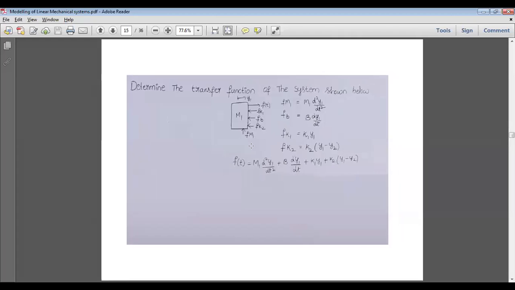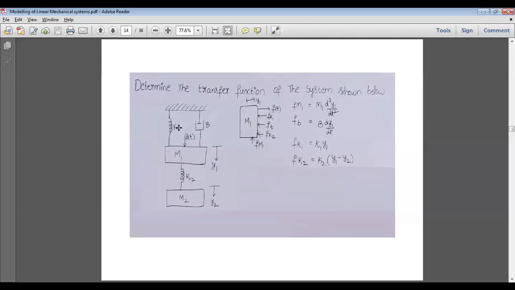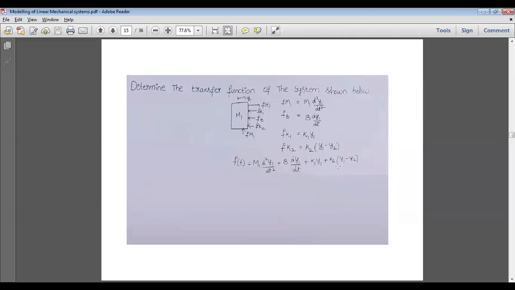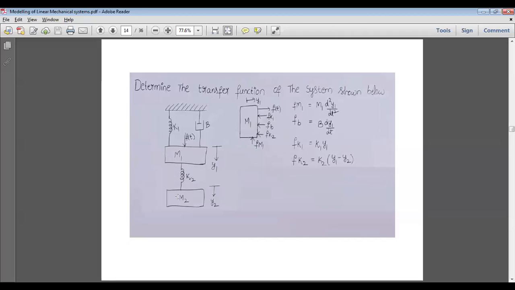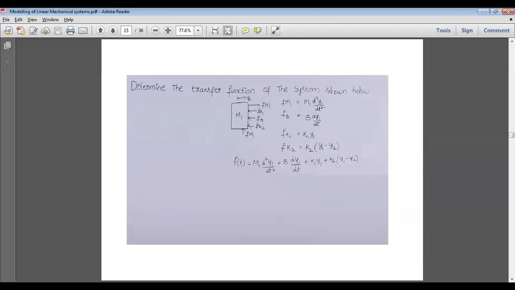That's the equation we got here. f of t is acting. What is opposing? m1 d square y1 by dt square, because of the mass. Because of the damping or friction, b into dy by dt. Because of the displacement of the first spring, K1 into y1. Because of the second spring K2, some force is created on m1, so K2 into y1 minus y2.